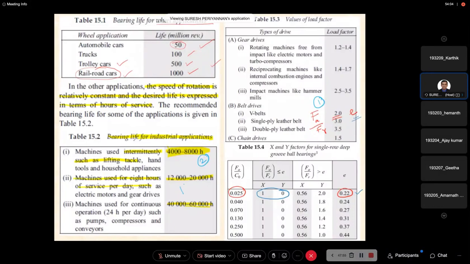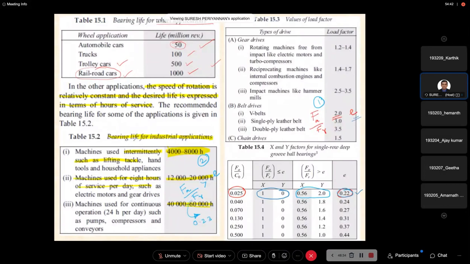During that time my FA by FR value is greater than the defined table value of 0.22. For the second bearing, my FA by FR ratio is now 0.23. Then during that time I have to consider the X and Y values, the radial load factor and the axial load factor.